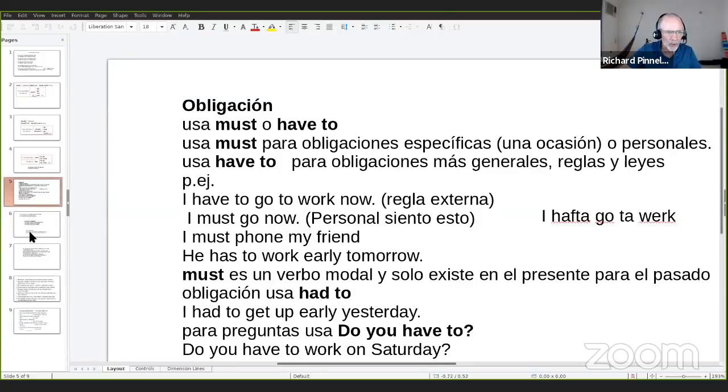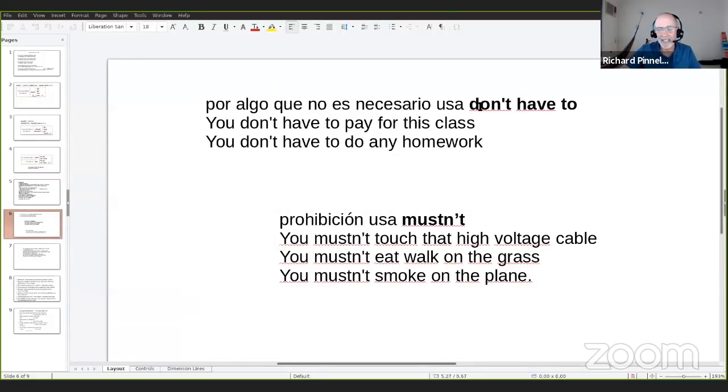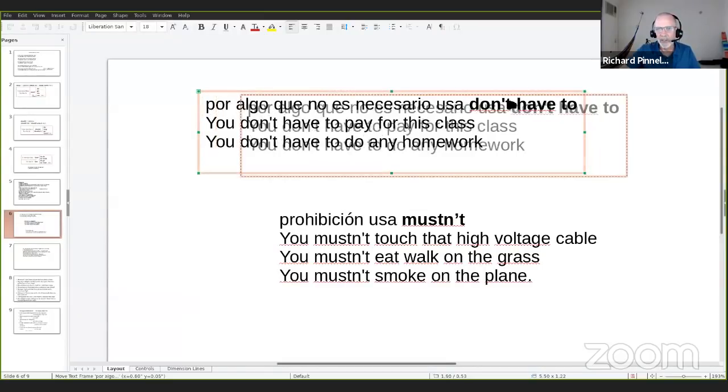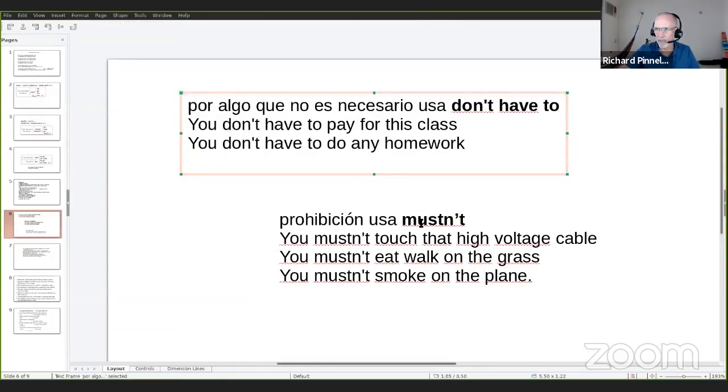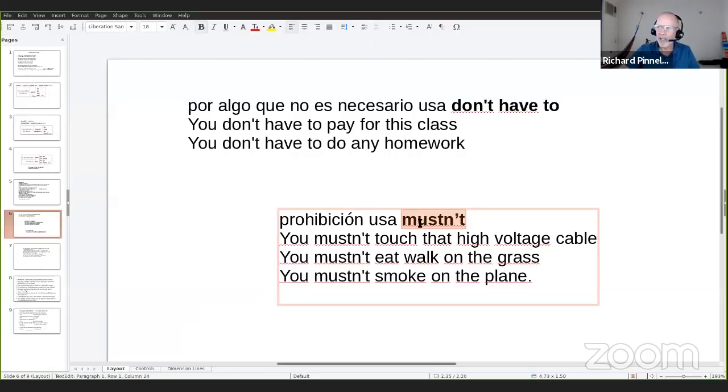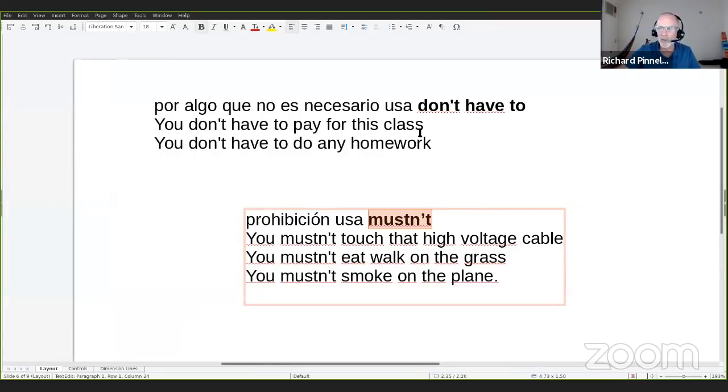Pero en el negativo, el negativo de have to is don't have to. Y el negativo de must is mustn't. En el negativo tienen completamente diferentes significados. Porque don't have to significa que no es necesario.